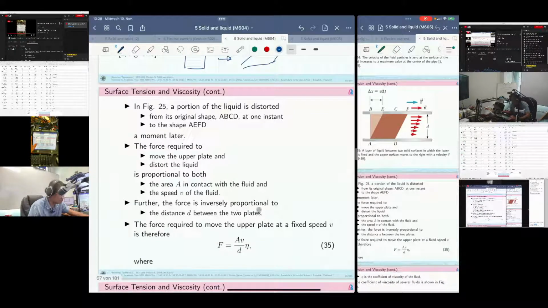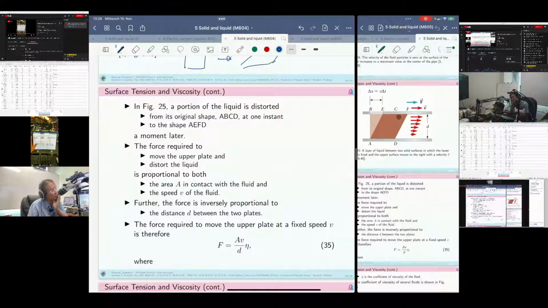Further, the force is inversely proportional to the distance d between the two plates. If these two plates are quite close to each other and you have the same type of fluid, you will find that it's quite difficult to move this plate, right?